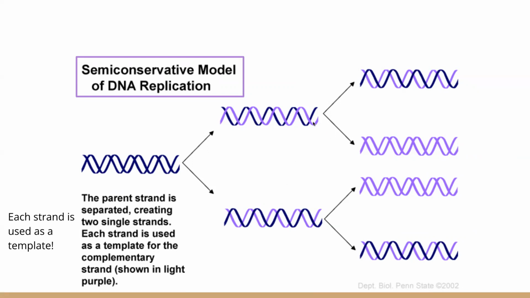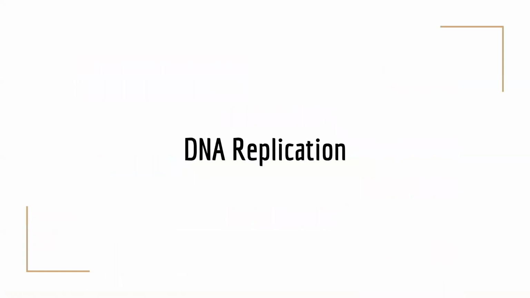In the next generation, it continues on, where half is used as a template for another strand. So the semi-conservative model just means that half ends up in one strand, the other half ends up in another, and they use the strands as a template for complementary base pairing.